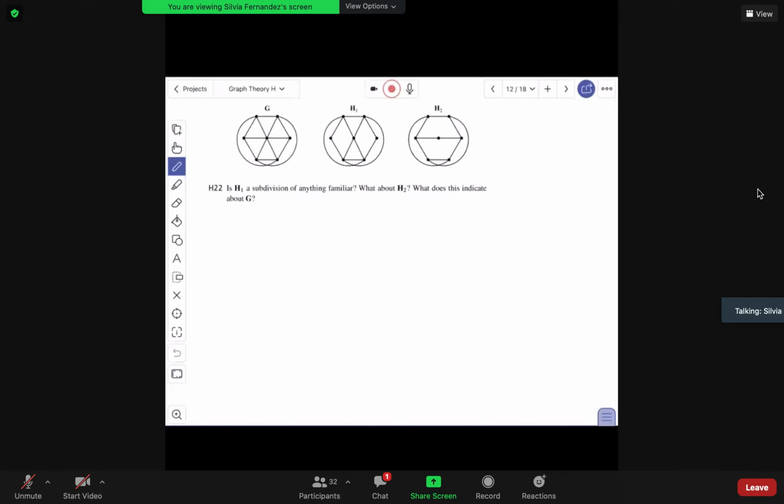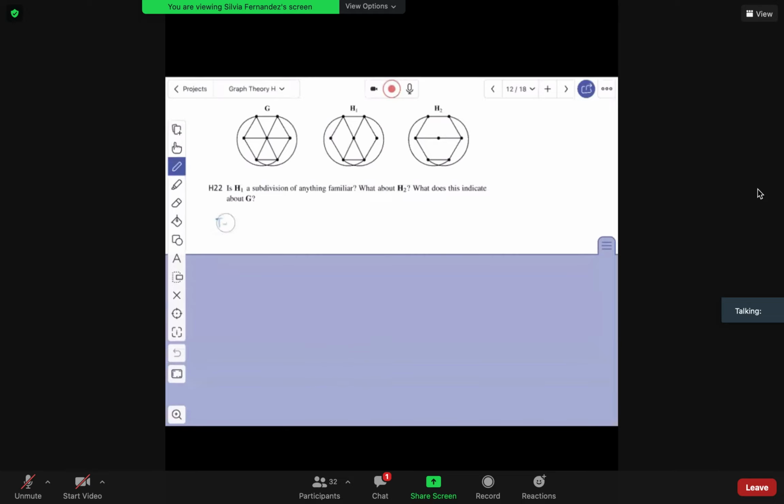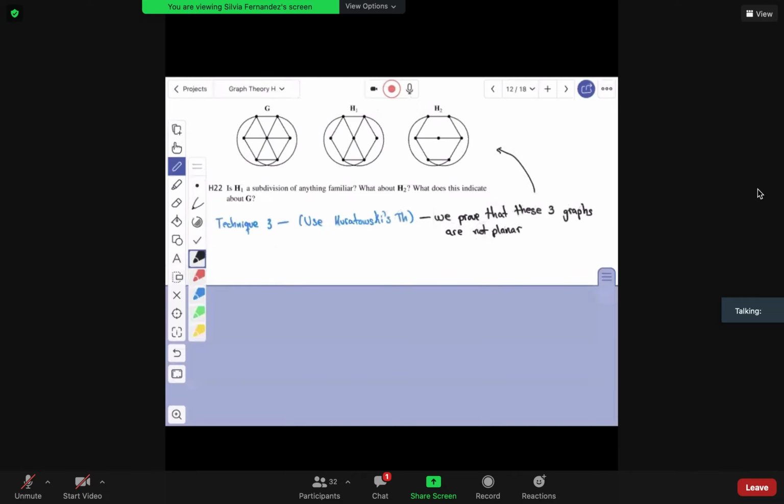Okay, so this is the third technique. We prove that those three graphs are not planar.